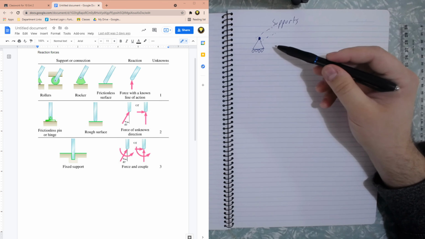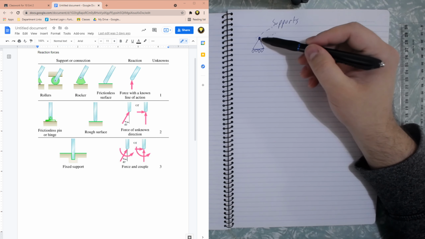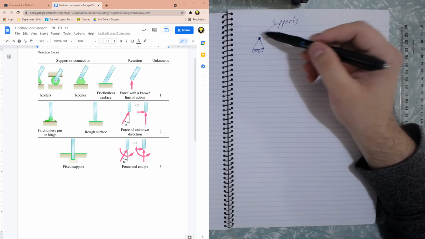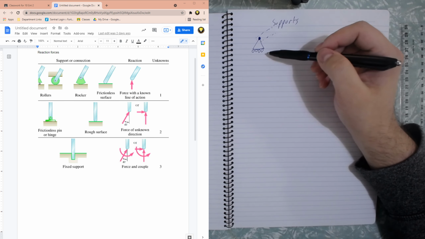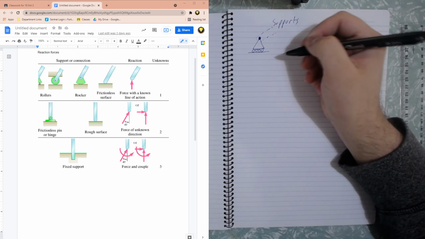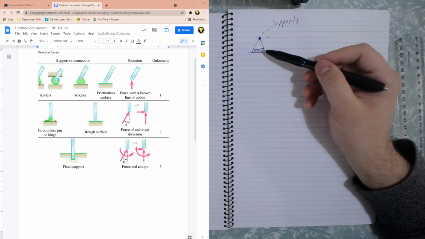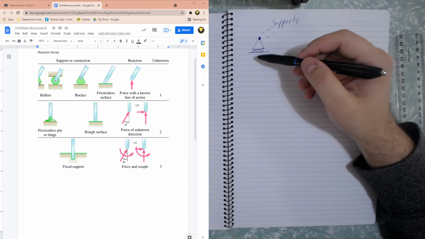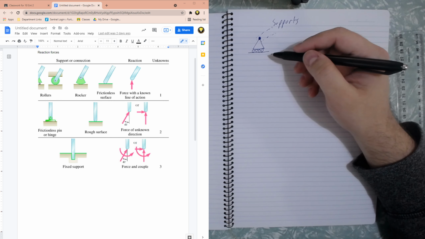it is a pin at the top, so this piece of material or metal over here can rotate 360 degrees about this point, and then this rolling support can also move horizontally because it is like it is on roller skates, but the support cannot move in the vertical direction.